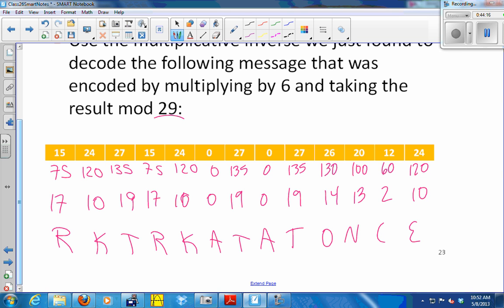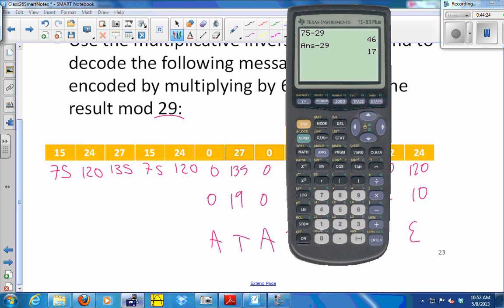Okay, we screwed up, there's something wrong with the beginning. Let's see. 75 divided by 29 goes in twice. 2 times 29 is 58.